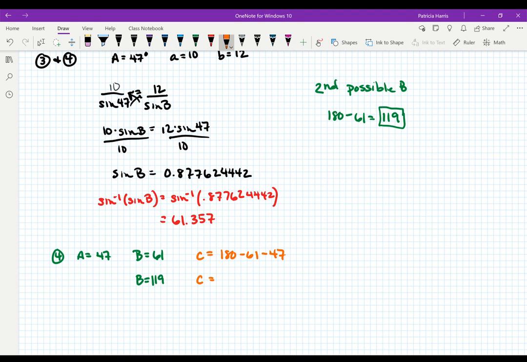The 47 is fixed. You're going to use that for both. Then 180 minus 119 minus 47. That will give you your angle C's. So 72 and 14 degrees. And there you go. Not so bad. So these are my possible angle C's.